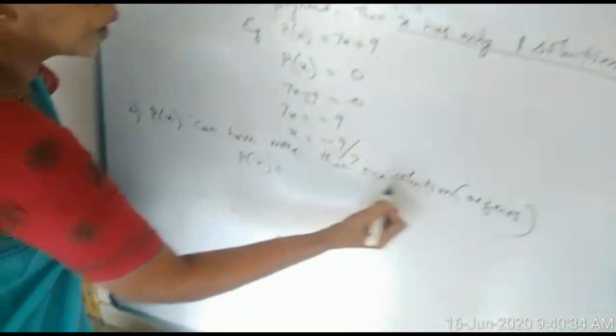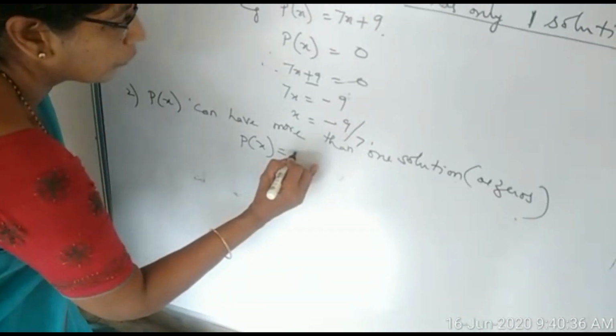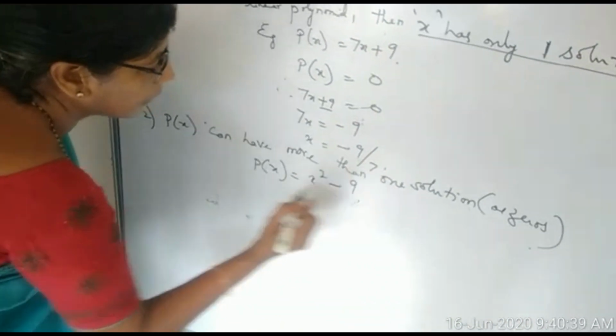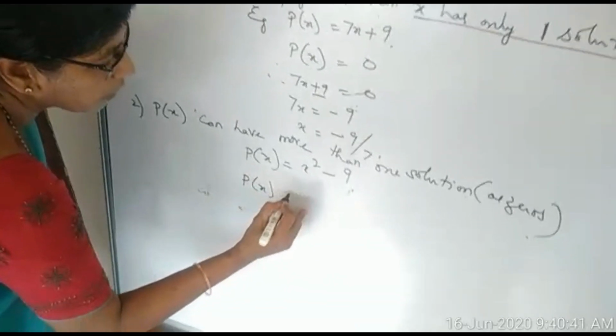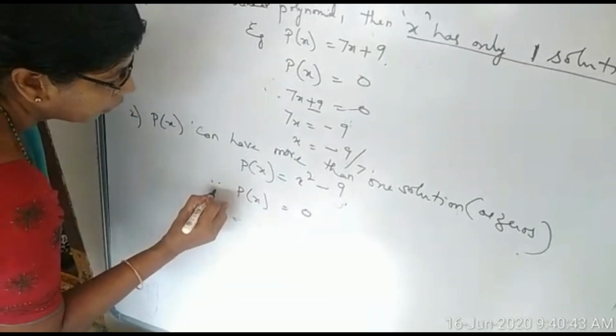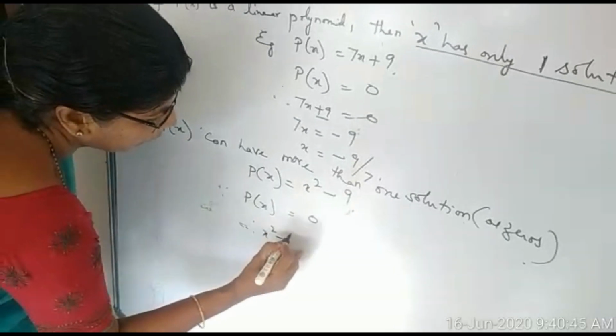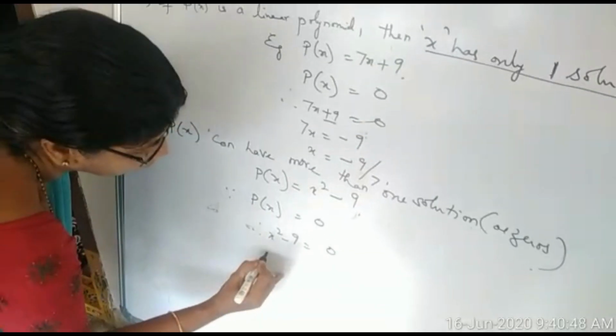P of x is equal to x squared minus 9. P of x is equal to 0. Therefore, x squared minus 9 is equal to 0.